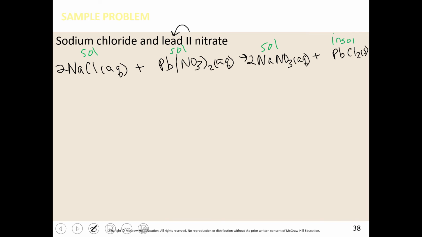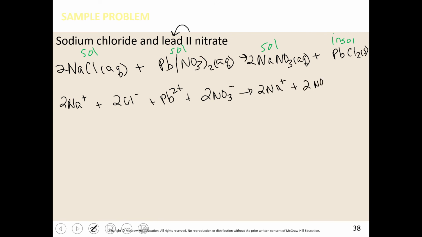So this means everything's going to break down into its individual ions. Okay, that's my ionic equation.